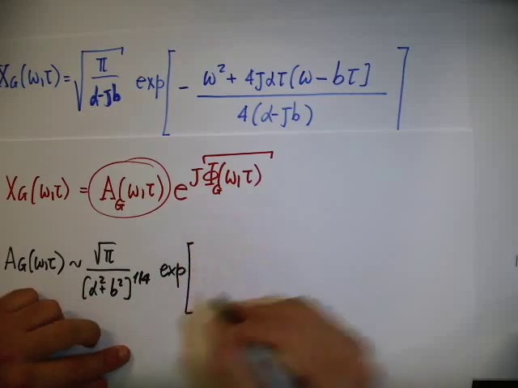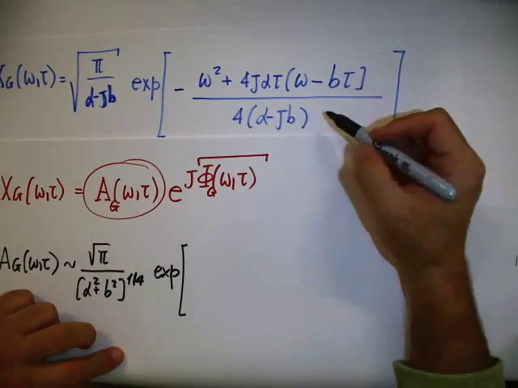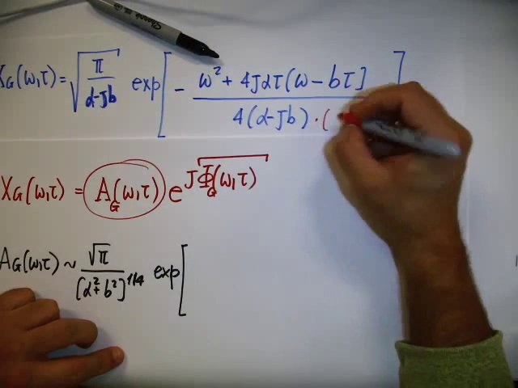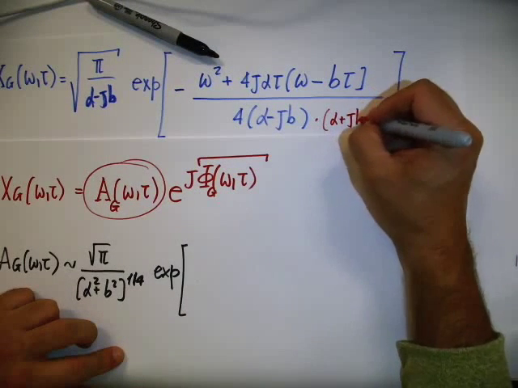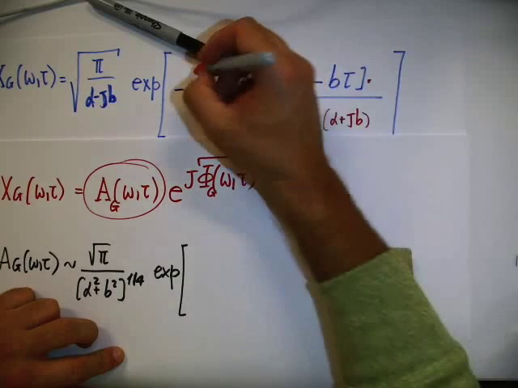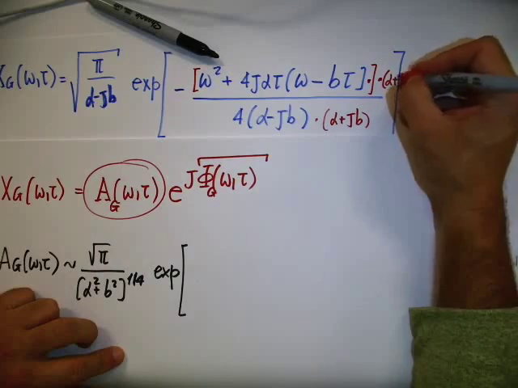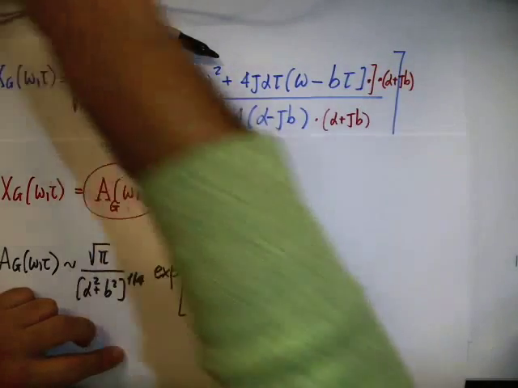So what I'm going to do now is multiply and divide by alpha plus j beta, and all of this times alpha plus j beta. That's what we're going to do.